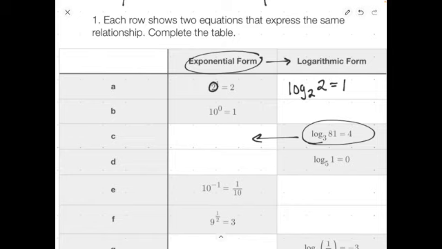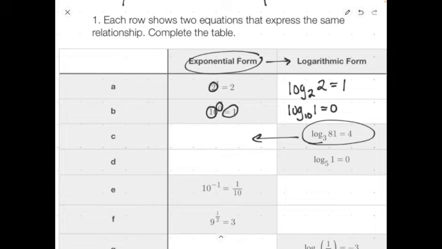For row B, we're told that base 10 can be raised to the power of 0 to get 1. So I would write log base 10 of 1 is equal to 0. I can take 10, raise it to the power of 0, and get 1. So then for row C, I'm actually given the logarithmic form. I want to write it in exponential form.